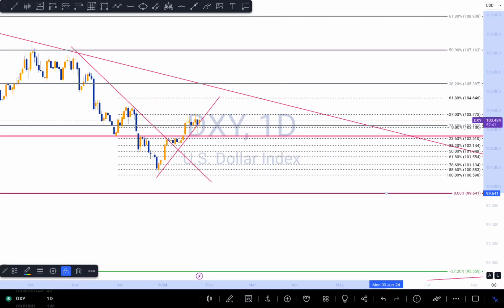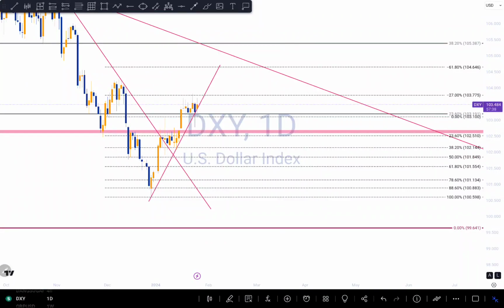We can see right here that in a bigger time frame we've got into my negative 27% fib level, and like I said, it's not giving me any momentum of buy or sell because it's not solidified yet.